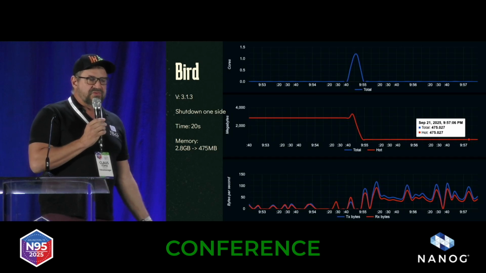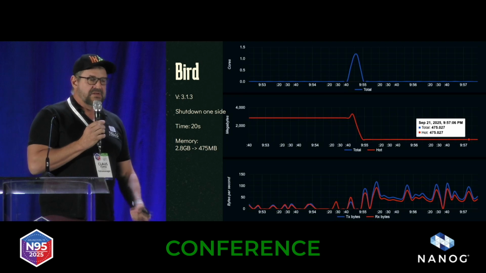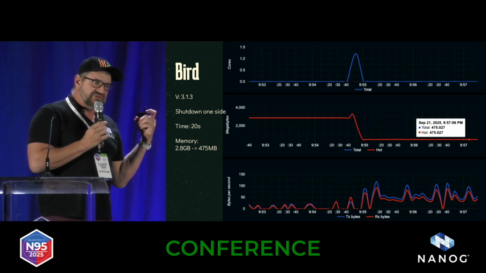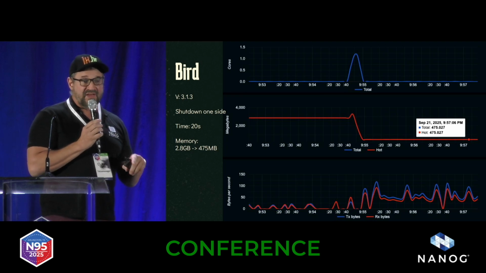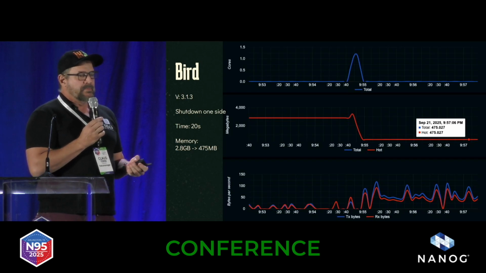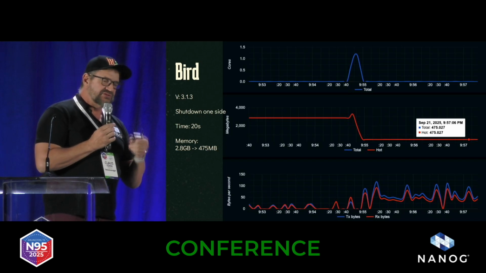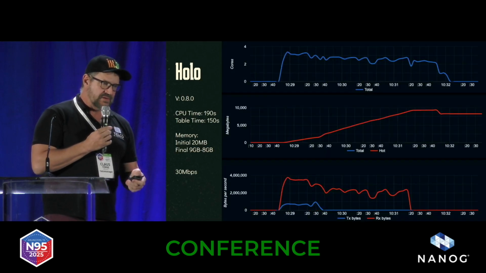So Bird 3.1.3 was amazingly fast. I tested the previous version, version 2, and it was actually even faster than this one. But I'm testing the latest version here, so this is a little bit slower, but it's still very performant.